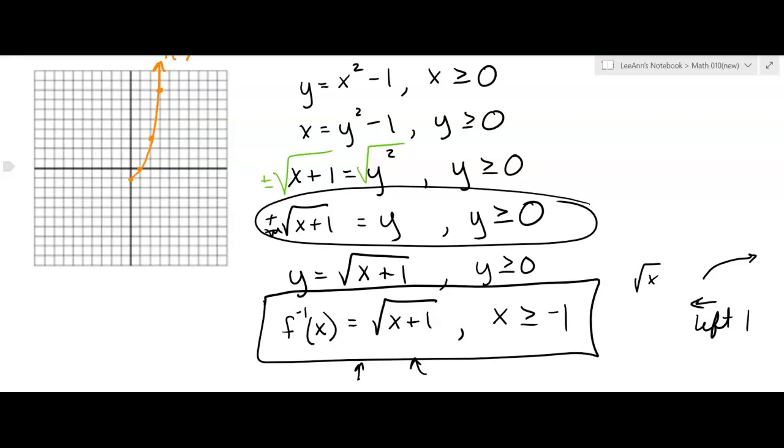The normal square root curve would have been like that. Anyway, I don't have it drawn very good. Here's the normal one. 0, 0, 1, 1. Trying to use my transformations here. There it is. But now we have to shift it all to the left 1.